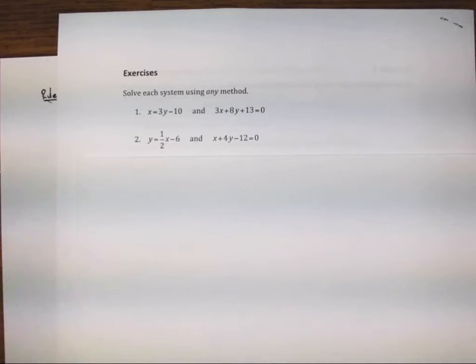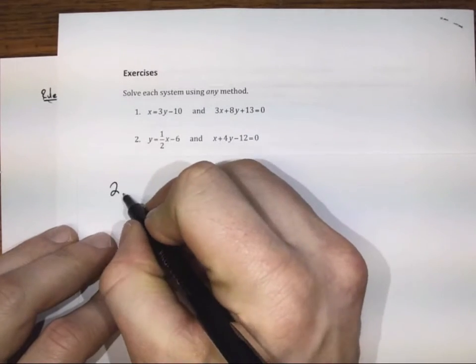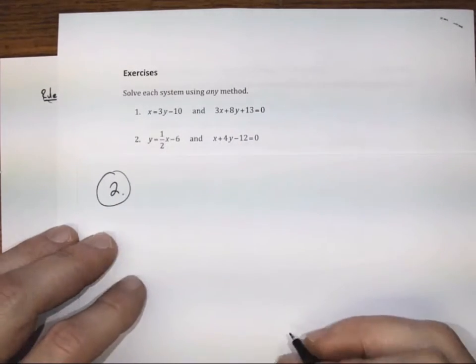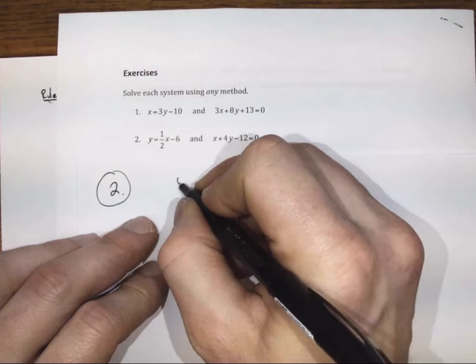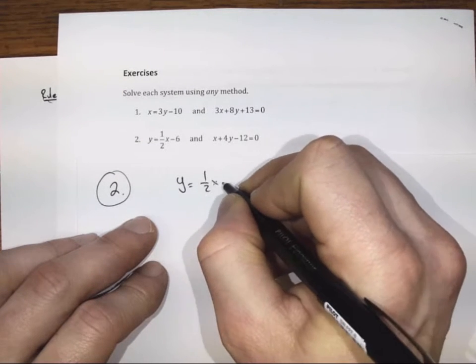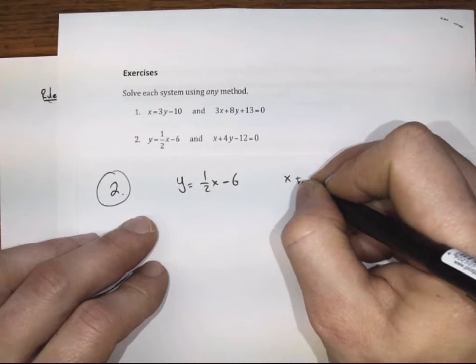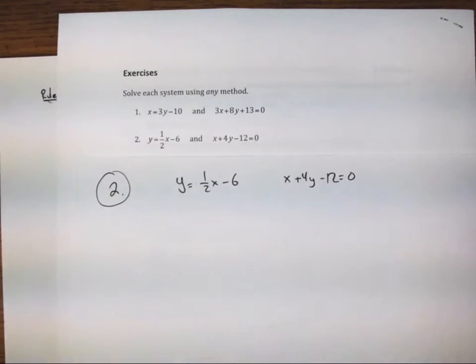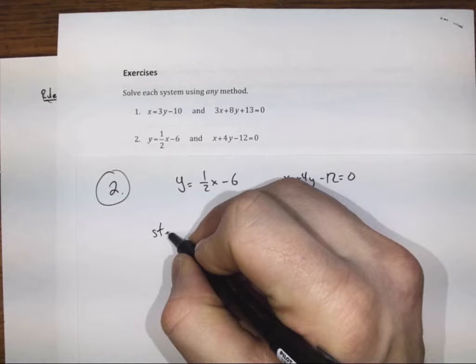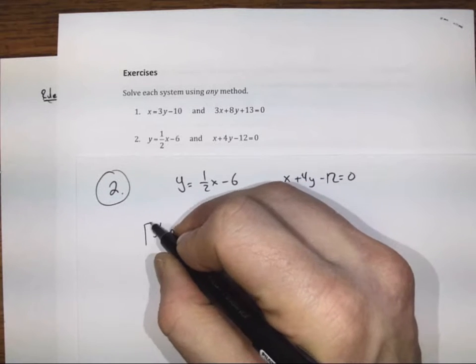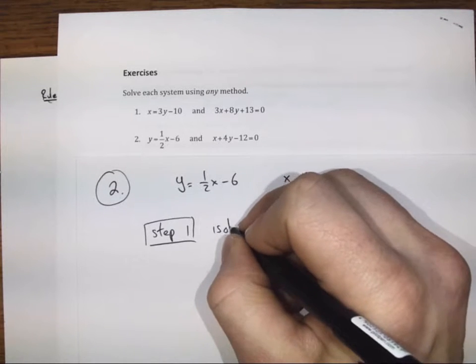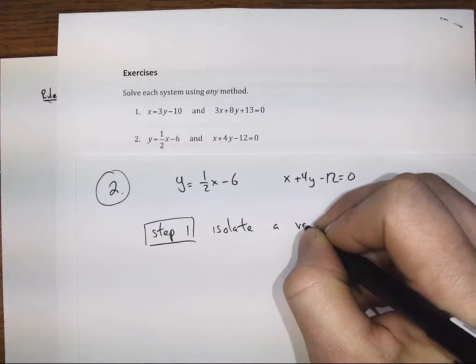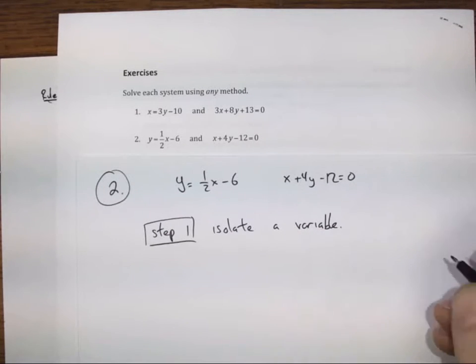Okay, so for number 2, we've got y is equal to 1/2 of x minus 6, and we have x plus 4y minus 12 equals 0. All right, step 1, isolate a variable. I said I wouldn't do that anymore.